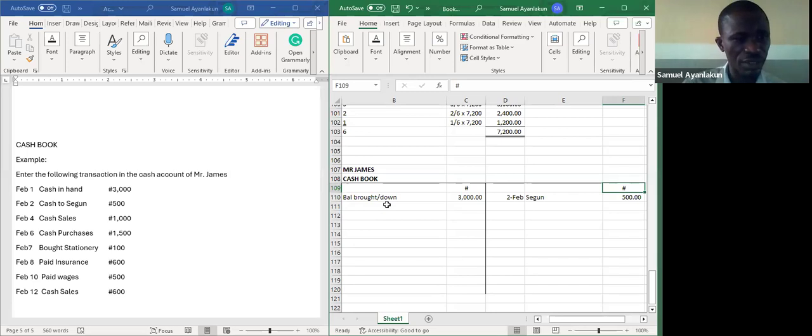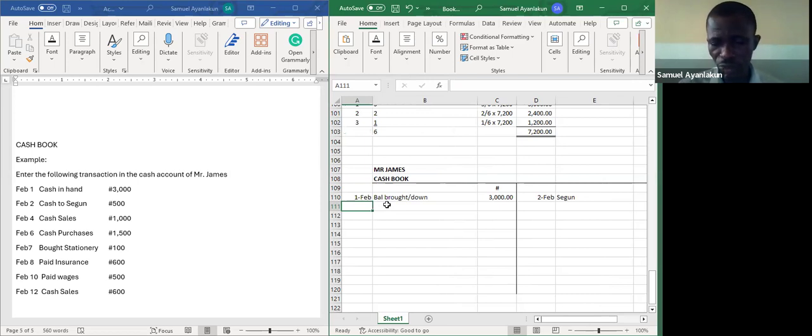The next one is February 4th, cash sales. When you see cash sales, it means you sold and money is coming in. So you got the debit side. How much is it? 1,000 naira.